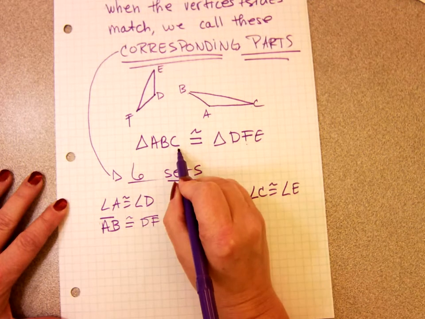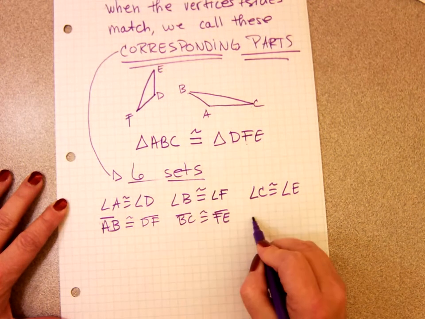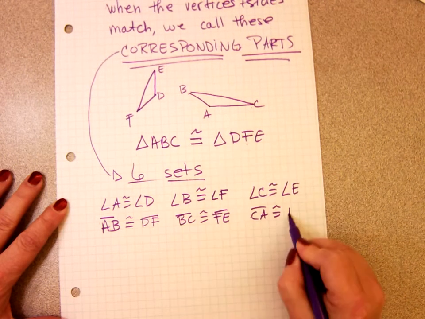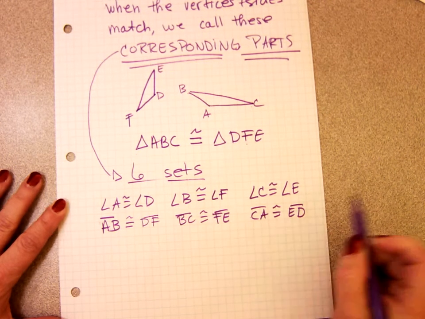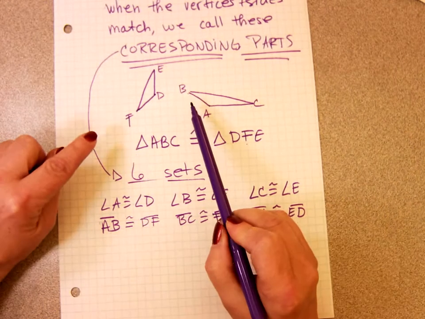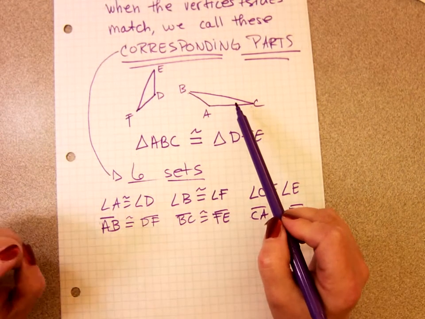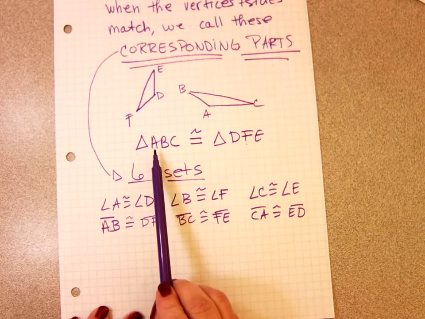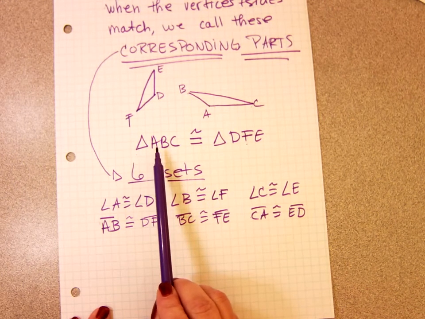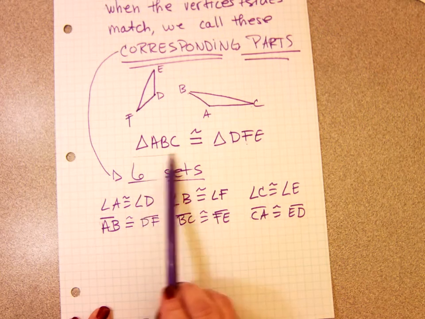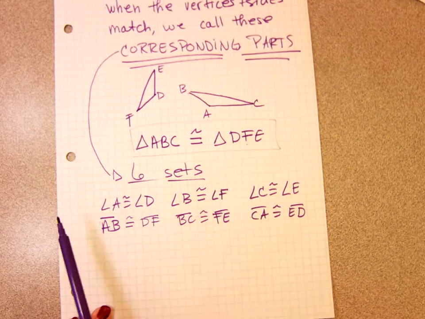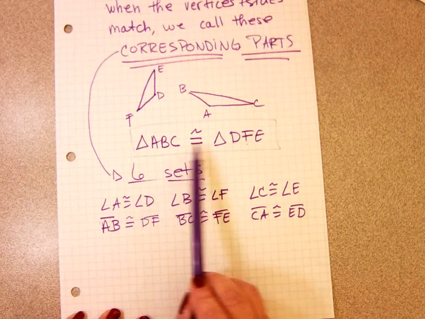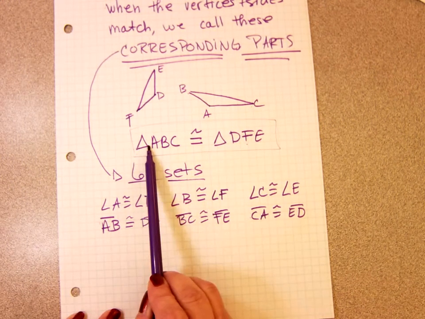And CA, ED. Very good. Now, sometimes you can look at the 2 figures and find the answer. Sometimes you'll have to look at the way it's written. It's a little bit easier. It follows a pattern: AB, DF, BC, FE, CA, ED.